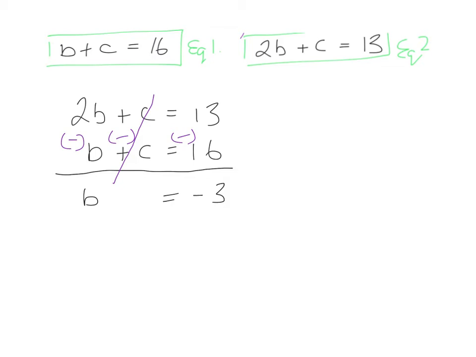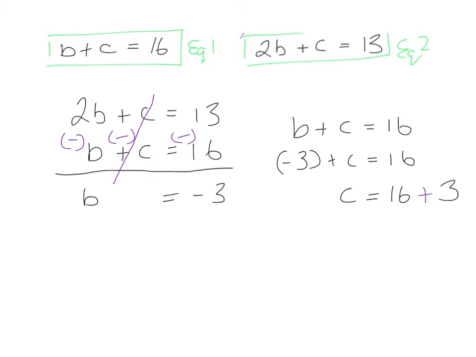So taking equation 1, it's b plus c equal to 16. If I sub in minus 3 plus c equal to 16, what I'm saying here is c equals 16 and I'm adding on my 3, because it's changing over the side. So it becomes c is 19.